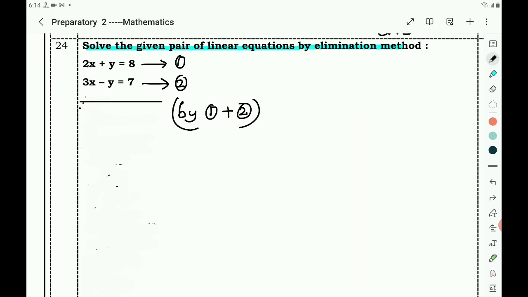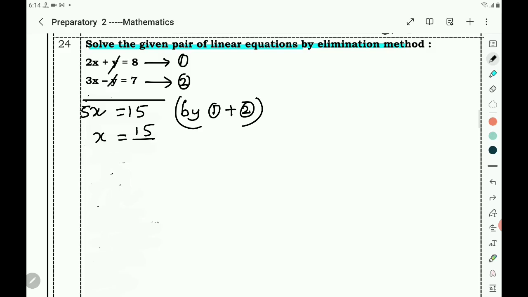By first plus second, add 2x and 3x. 2x plus 3x is 5x, plus y minus y cancel them, and equals 8 plus 7 is 15. Then x equals 15 by 5, which equals 3. You got x equals 3.